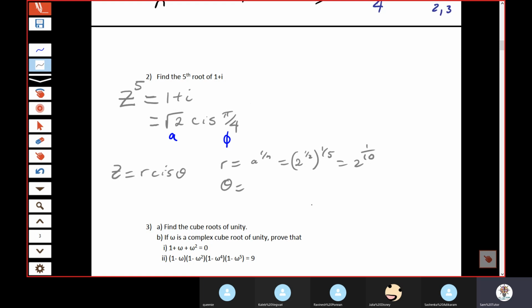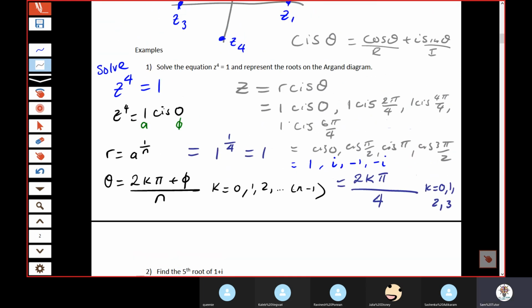There's my r, so now I know my modulus for each one. I just need my different thetas. Your modulus doesn't change, as you saw up here, it was all 1. The only thing that changed was theta, according to k.